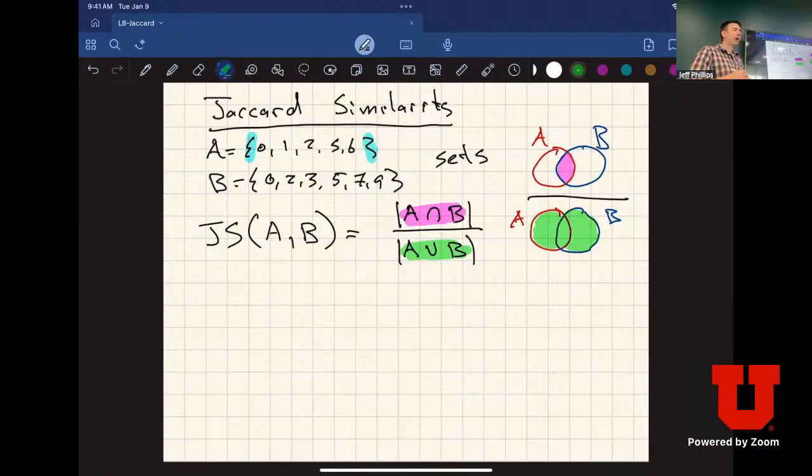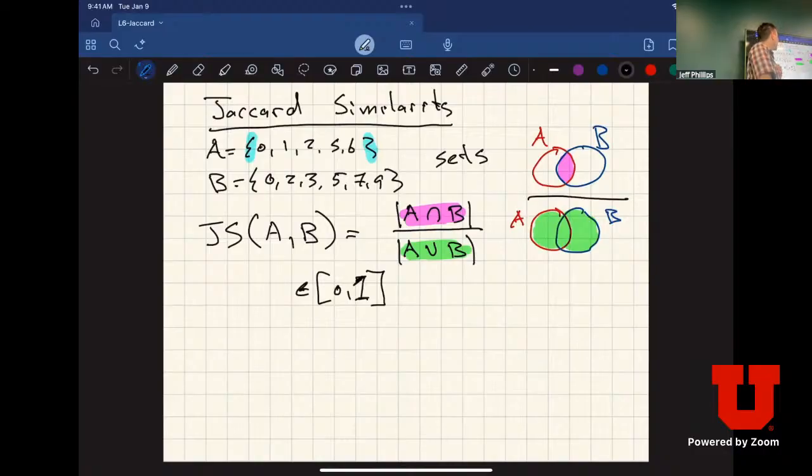Let's just verify that the value must always be between 0 and 1. The Jaccard similarity must be between 0 and 1. There's nothing negative about it, so it has to be positive because it's just the ratio of two positive values.